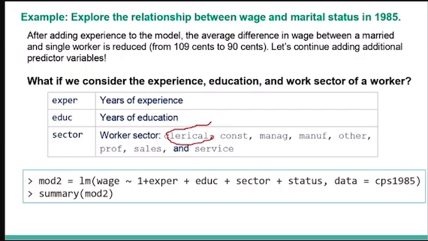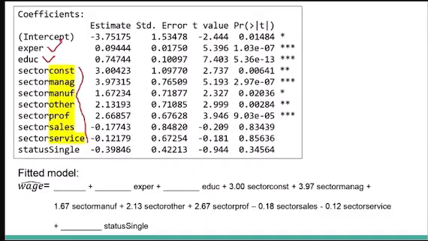If it is 2, I will report 1. The other one is being referenced. Here, status single. They are two, married and single. R is reporting single. It means it references married in the intercept. Now in the sector, it also references clerical in the intercept.